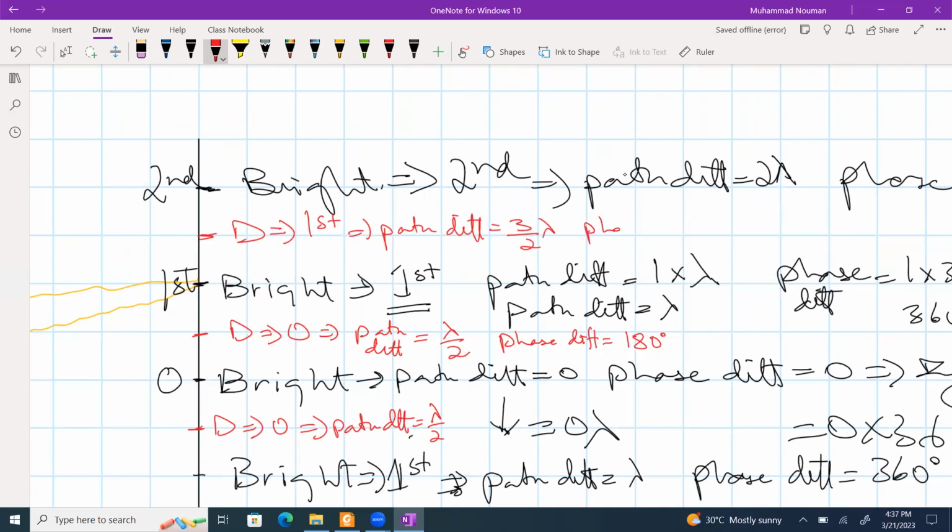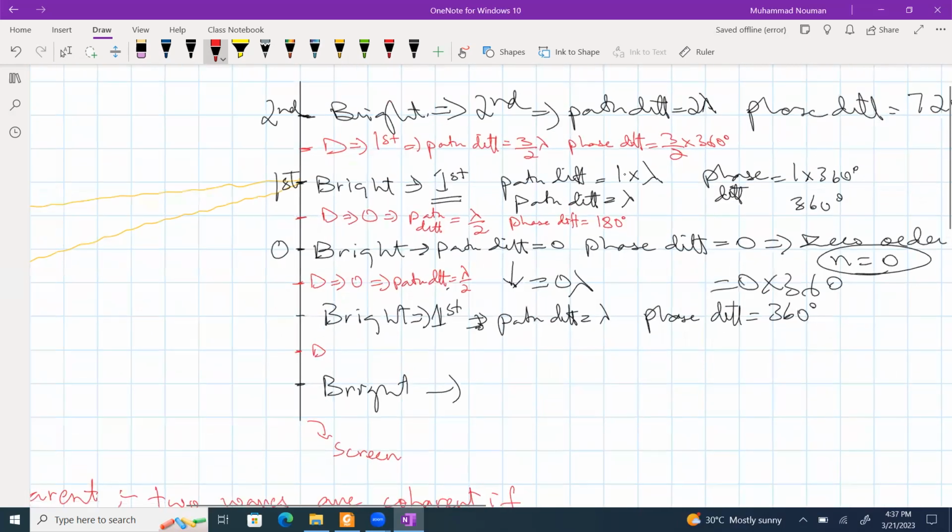What is the phase difference? 1 plus half into 360, that is 3 upon 2 into 360 degrees, which is 540 degrees. And this goes on and on. So I hope you understand it.